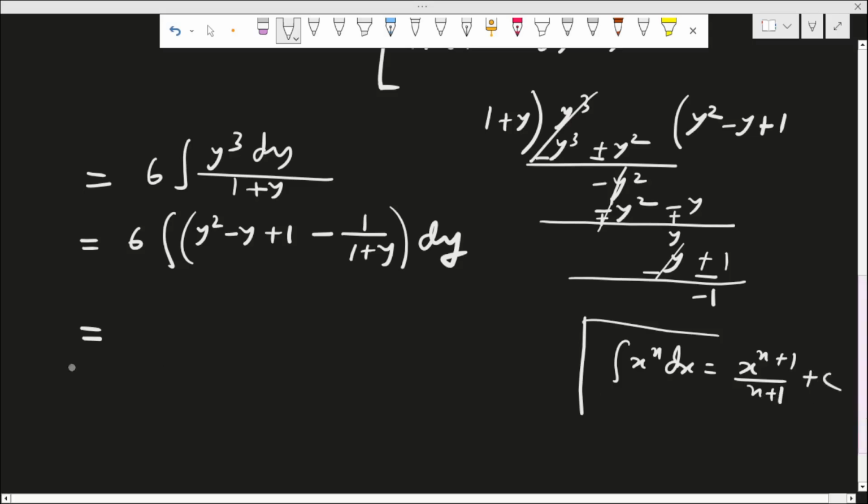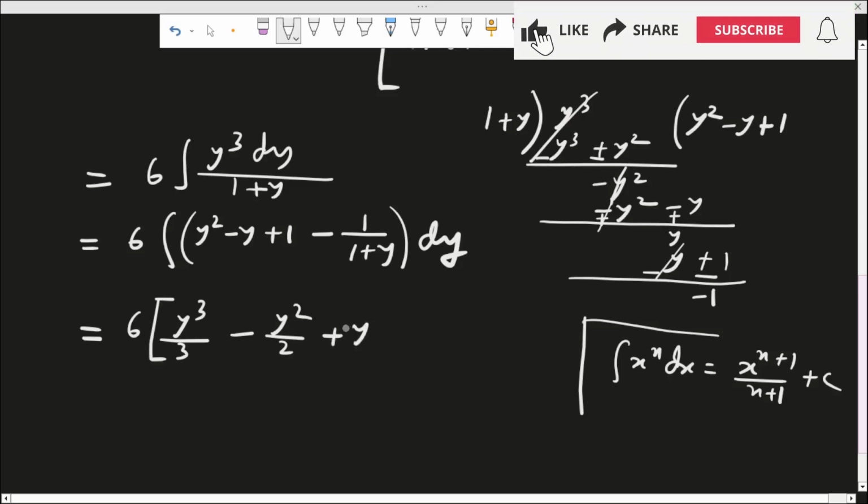So 6 times, in brackets, integration of y square is y cube by 3, since 2 plus 1 is 3, minus y square by 2, plus y, the integration of the constant, minus log of modulus 1 plus y.